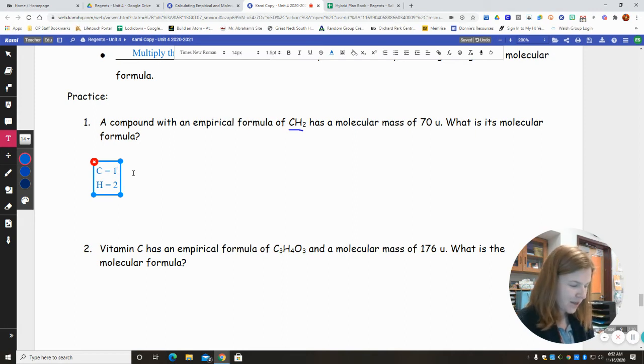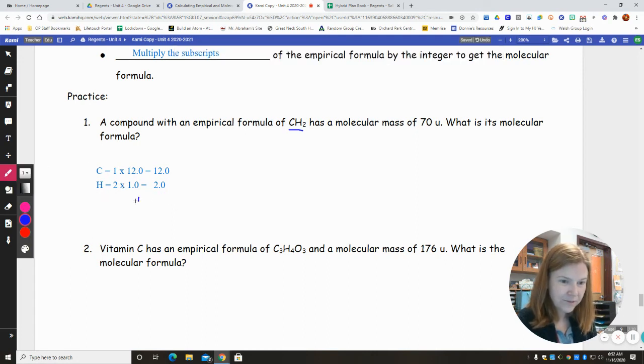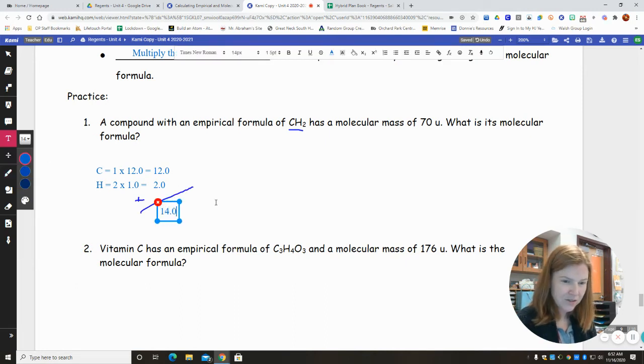My next step then is to look up the molar masses of each of these elements. So carbon is 12.0, 1 times 12.0 is 12.0. Hydrogen is 1.0, 2 times 1.0 is 2.0. If I add those together, I get the molar mass of the empirical formula is 14.0.